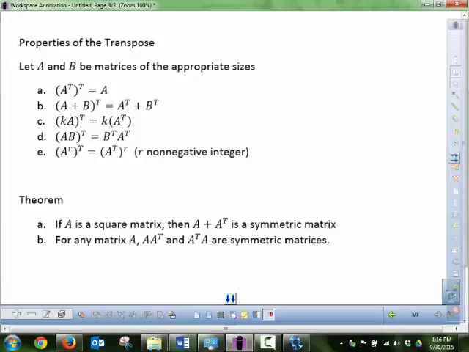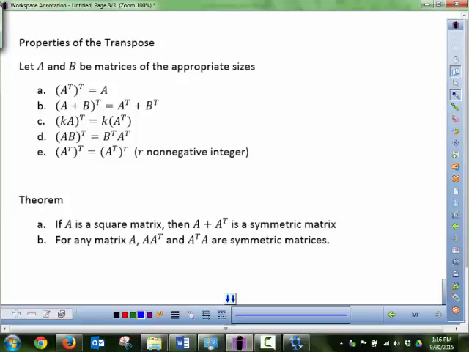Because if you look at property D, it's distributing the transpose over the multiplication. But there's something weird happening there. We'll get there in a minute. Taking the transpose of a scalar multiple of a matrix is like taking the scalar multiple out first and then taking the transpose of just the matrix. This is the one that I wanted to point out that's kind of weird.